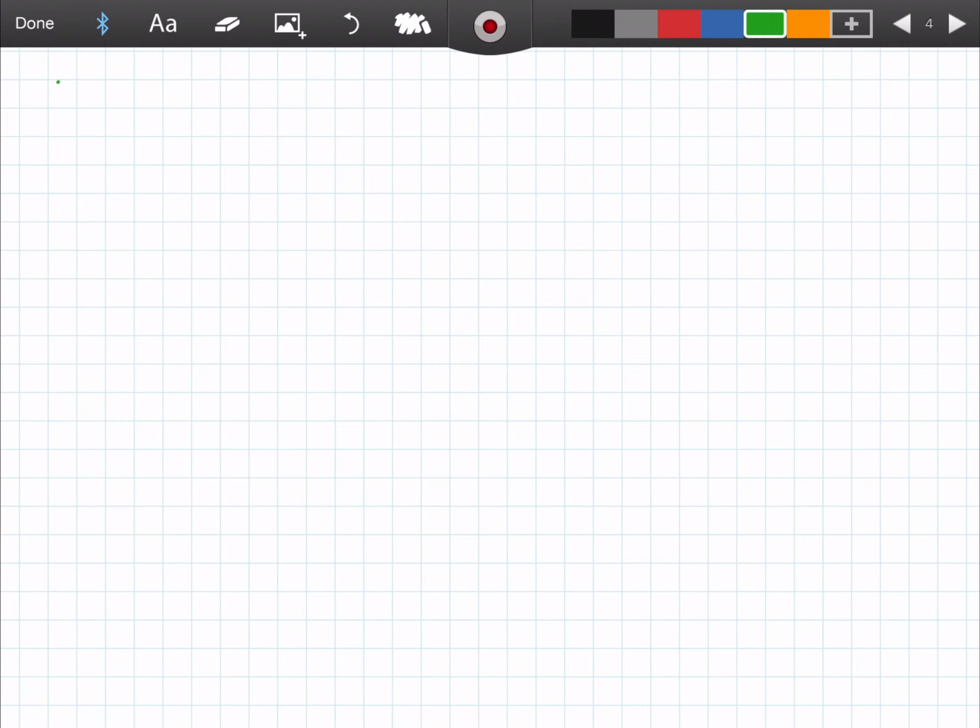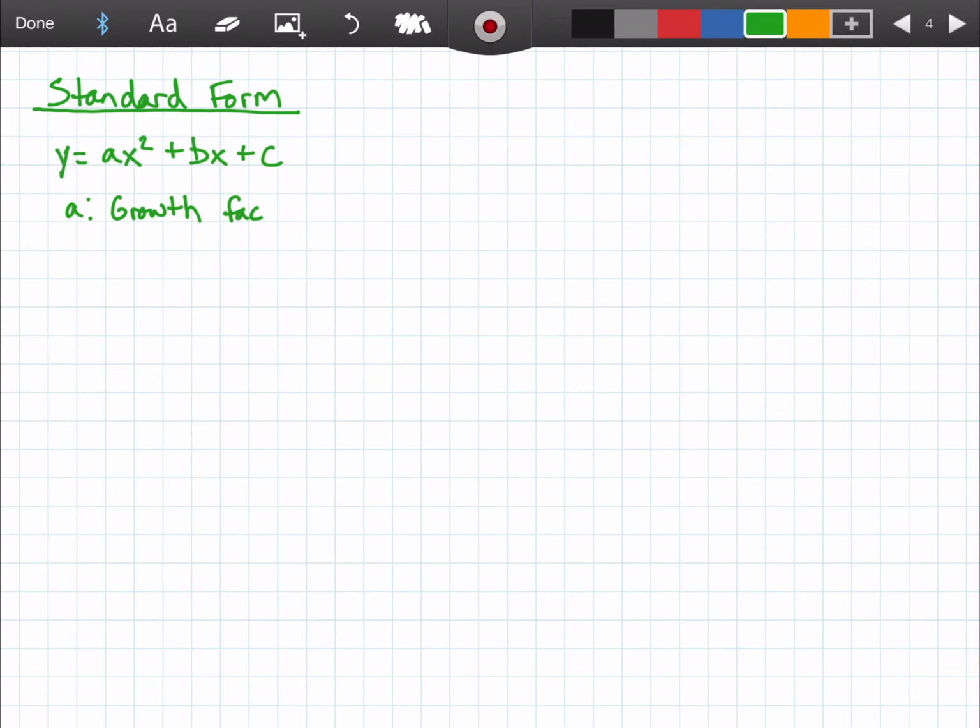Let's talk about standard form. Standard form we have seen a lot from Unit 2, our ax squared plus bx plus c. Okay, once again, a is our growth factor. And to find the vertex, I don't have a nice little h that we can deal with.